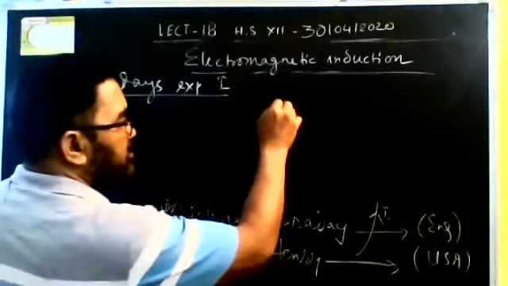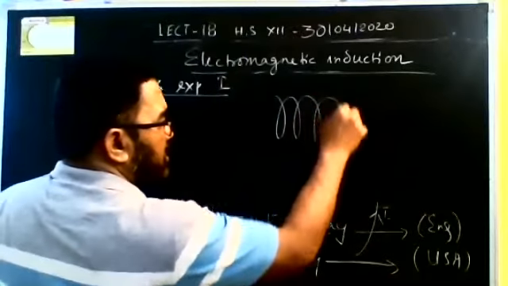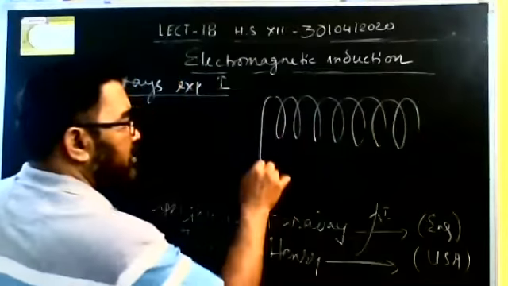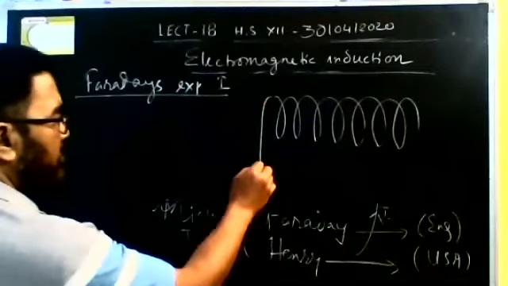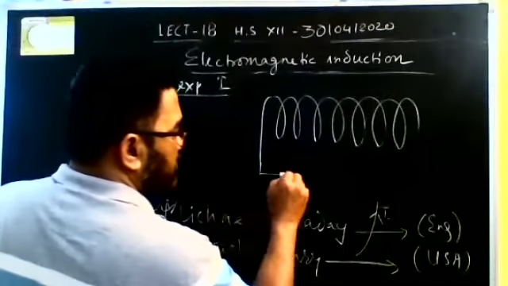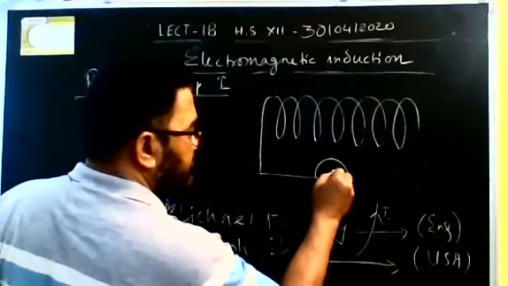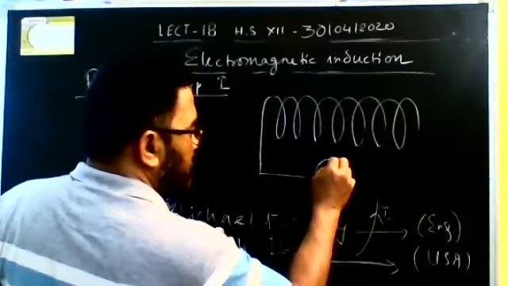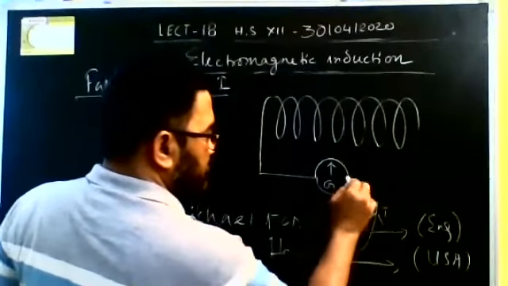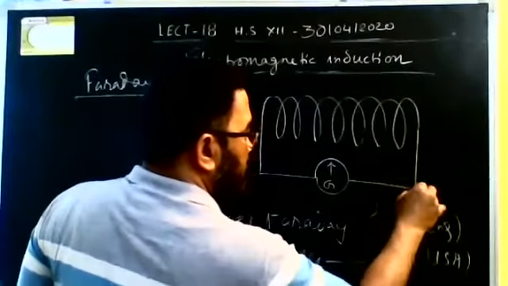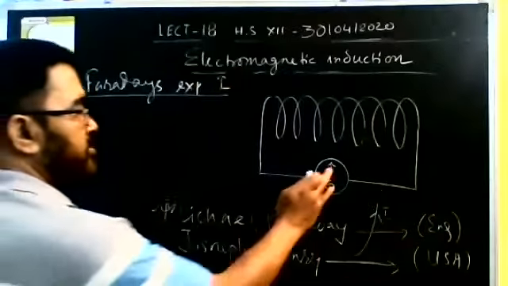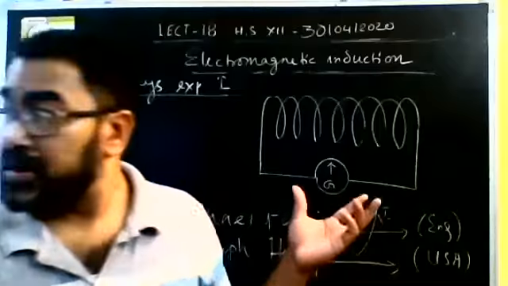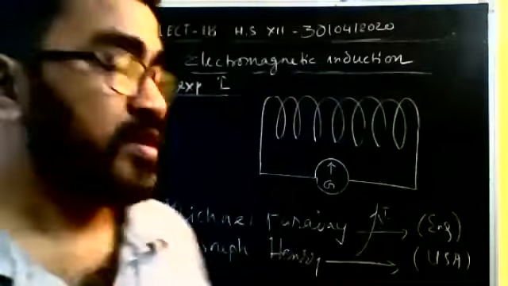A coil is connected with a galvanometer. There is no battery, only a galvanometer.